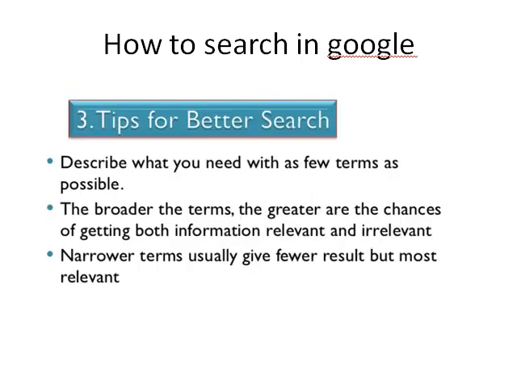The other step in Google is tips for better search. Some tips, some promises that help you to have a better search in Google. Describe what you need with as few terms as possible, because if you have long terms, the results will be different from your mind.